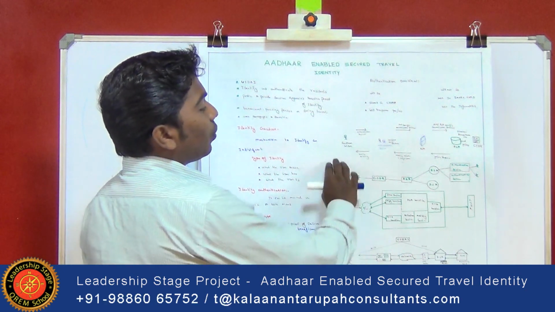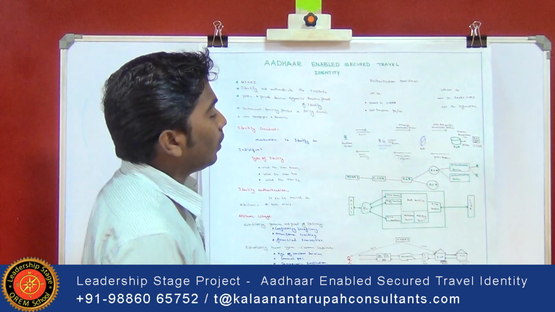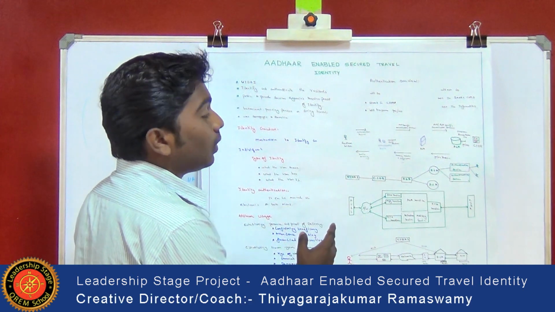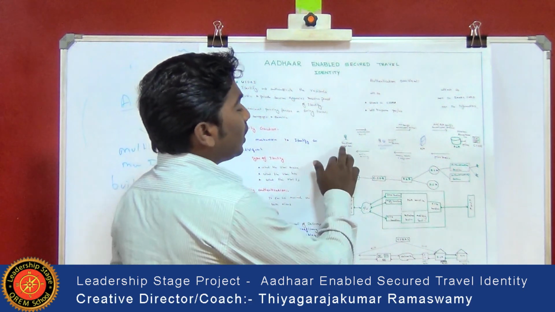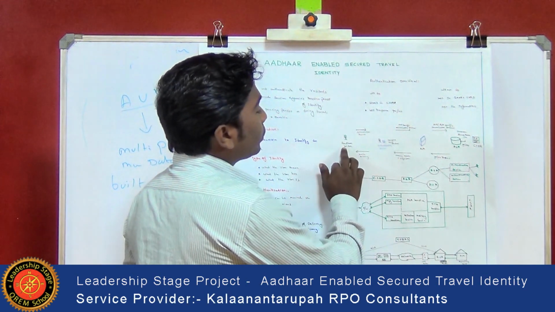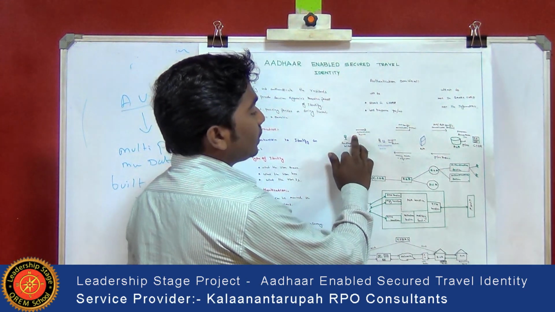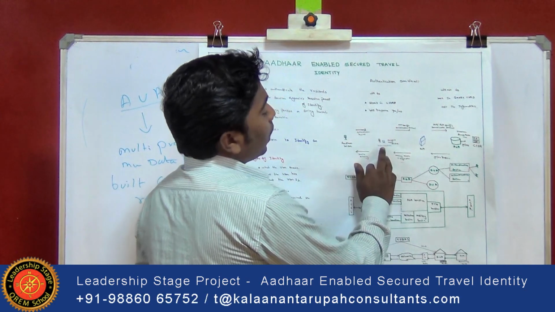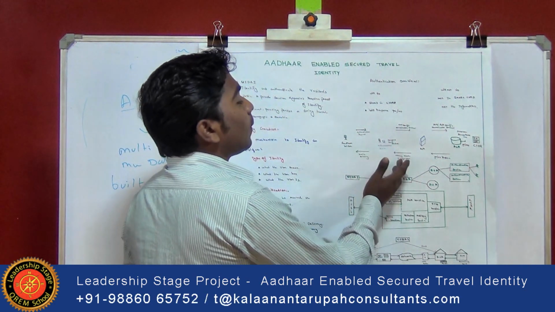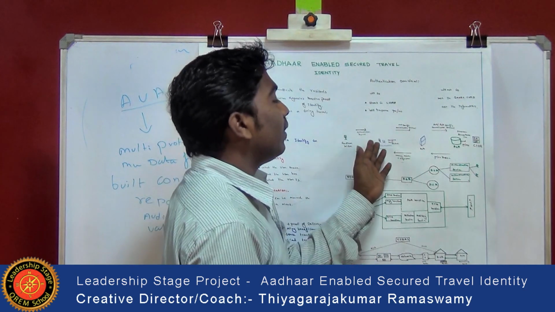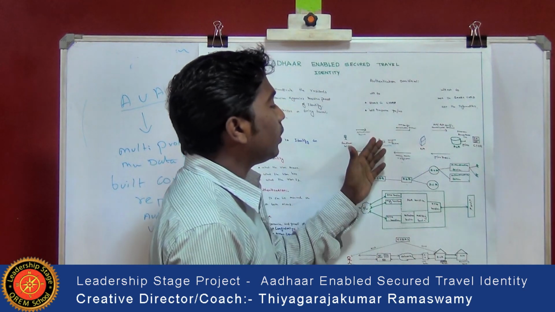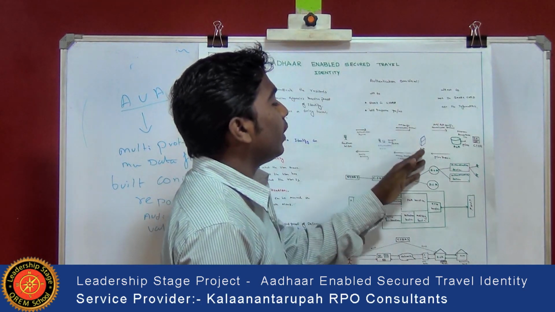And this is the flow diagram of the process done using Aadhaar. Once the user requests a service from the application or a person, it is validated, and the data will be transmitted manually or electronically to the AUA.